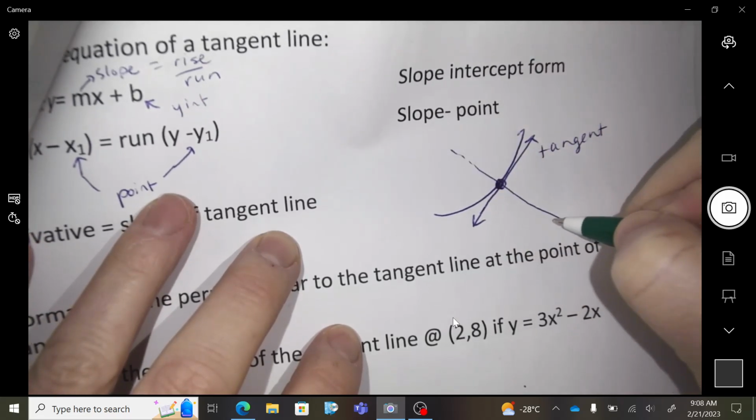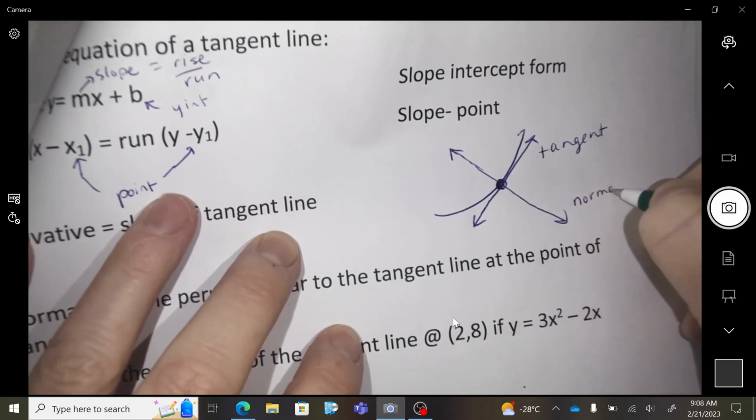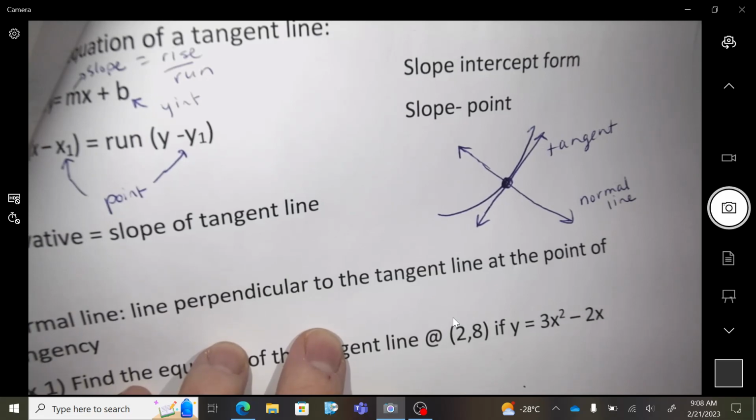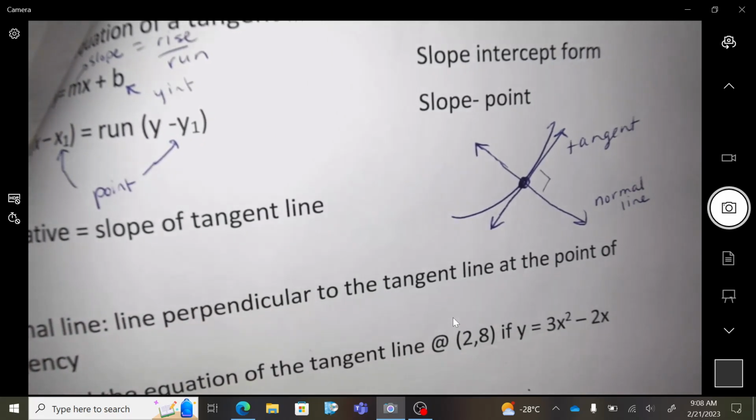And this would be called the normal line. So it would run perpendicular to the tangent. So that's what we're going to do. We're going to get the equation of both of those lines, the one that is parallel to the curve at that point, and then the one that goes perpendicular to it.